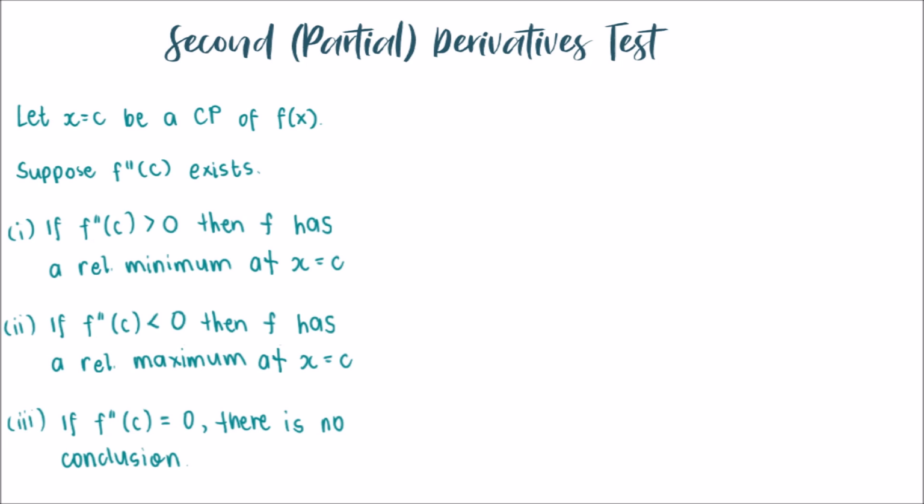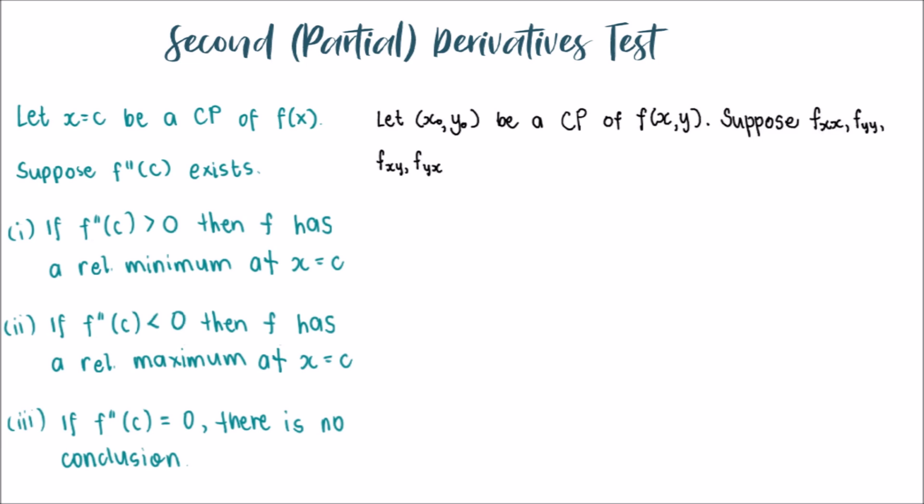Now let's compare this to the second derivatives test for f of x, y. Let (x naught, y naught) be a critical point of f. Suppose the four second order partial derivatives f sub xx, yy, xy, and yx are continuous on some disk which contains the critical point.